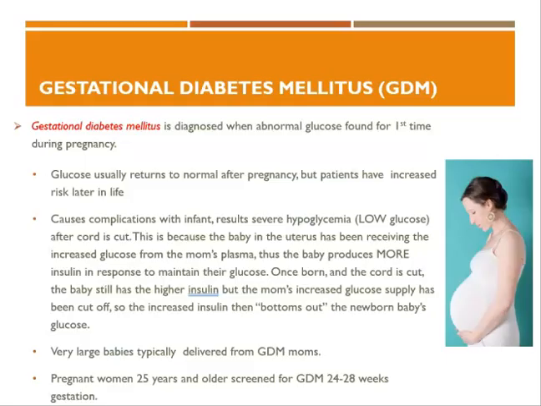So the increased insulin then bottoms out the glucose in the newborn baby. Usually the babies delivered from gestational diabetes moms are typically larger in size. Women that are pregnant at 25 years of age and older are usually screened at 24 to 28 weeks of gestation for gestational diabetes.